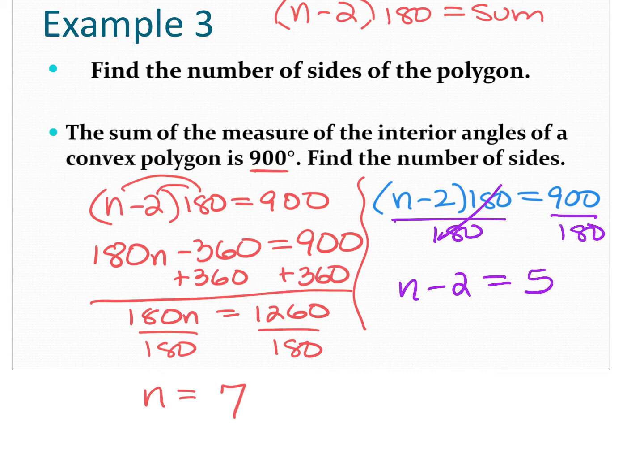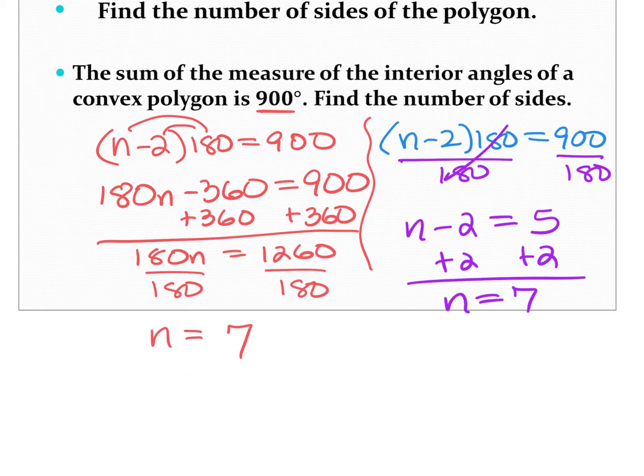And then I just solve this by adding 2 and n equals 7. So this will always work. If you want to just divide the sum by 180 and then add the 2 to it, that will work as well. Either method would work. And again, you're going to need to be able to tell me the official name of a 7-sided figure, and you need to be able to tell me that it's a heptagon.